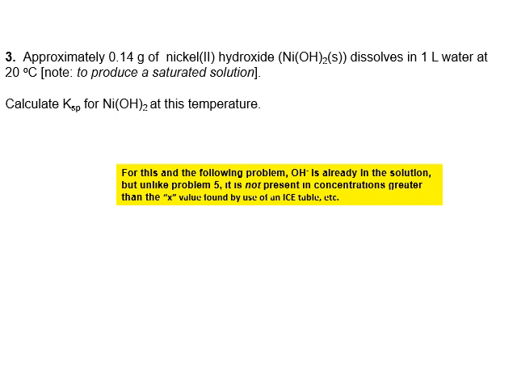And then this one will be like the one we just did, in that it's not 1 to 1 to 1, it's 1 to 1 to 2 in this case. So for nickel 2+, we'll have 0 plus x is x. For hydroxide, we'll have 0 plus 2x is 2x. And then, of course, that has to be squared. So, again, we're trying to find KSP. So all of these are going in the same direction. We're trying to find KSP.